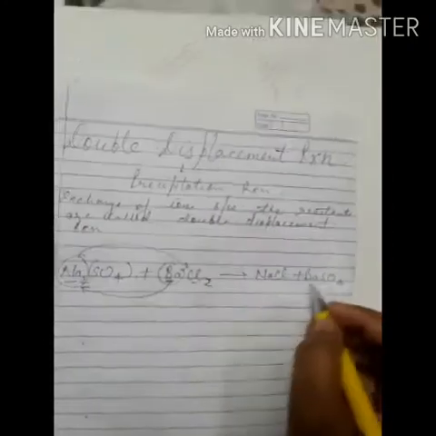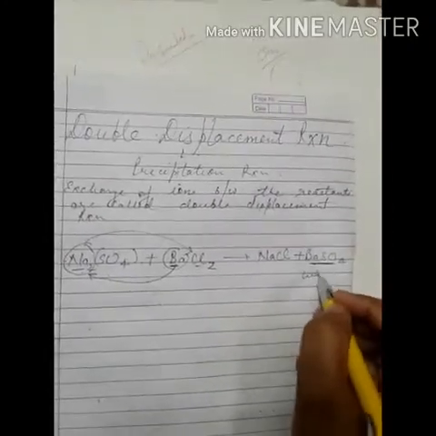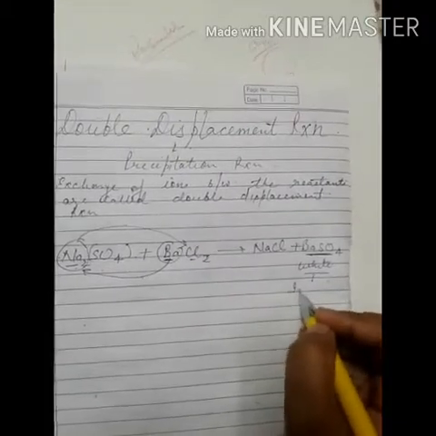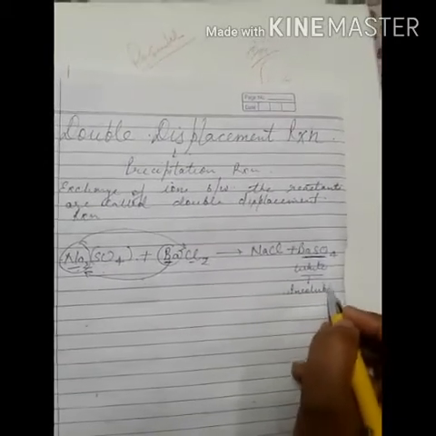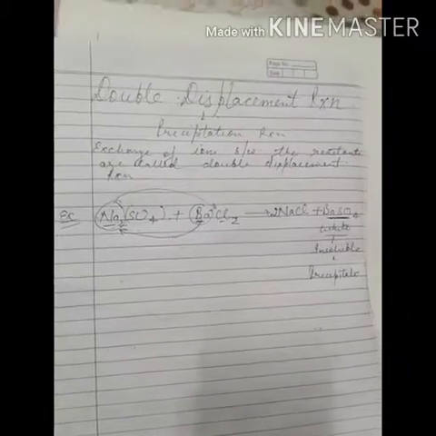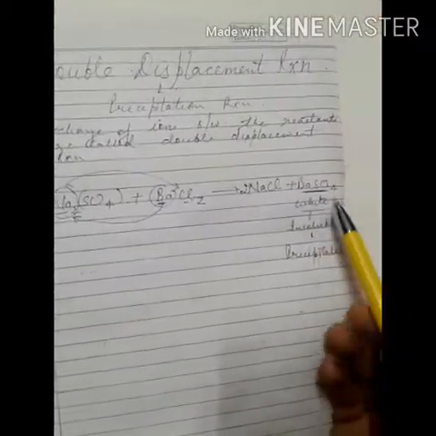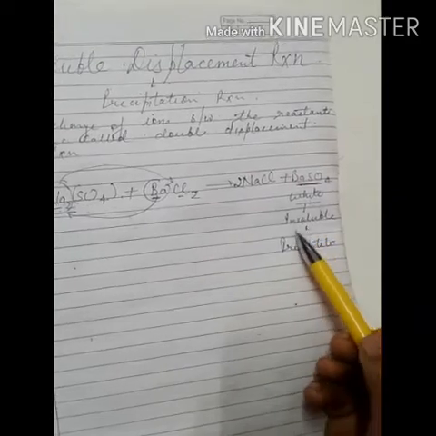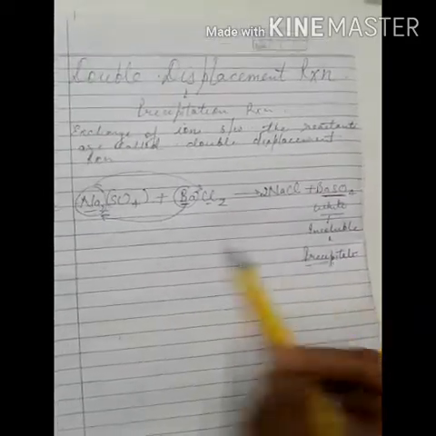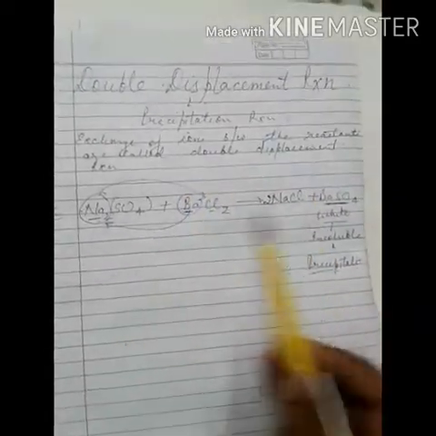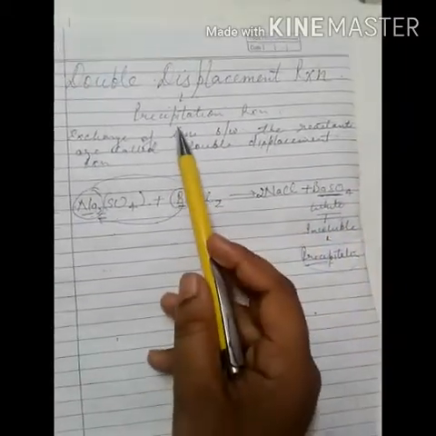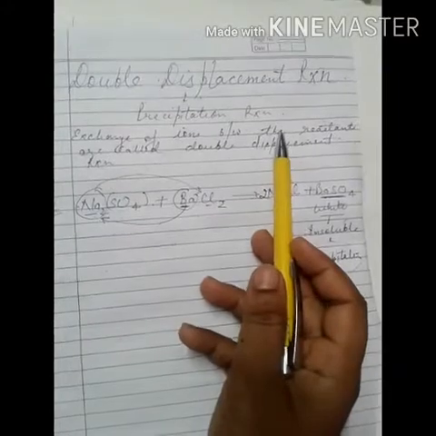This barium sulfate substance formed is white in color and is an insoluble substance, meaning it does not dissolve in water. There is formation of an insoluble white curdy substance, which is known as a precipitate. So usually in a double displacement reaction there is a formation of precipitate only. That's why this reaction is known as a precipitation reaction.